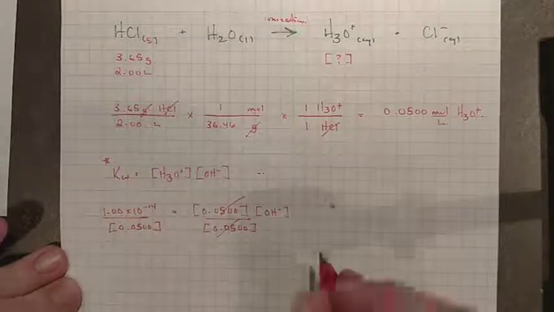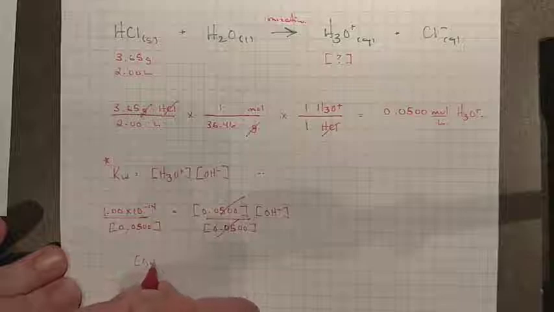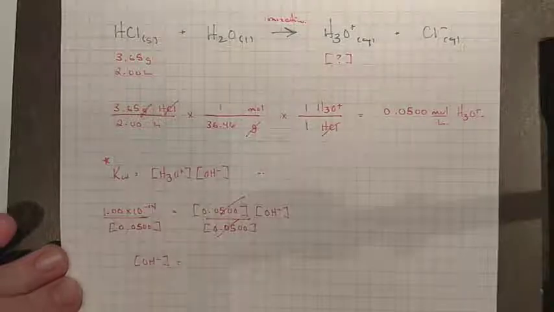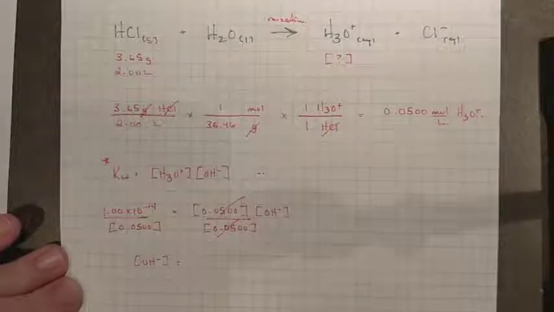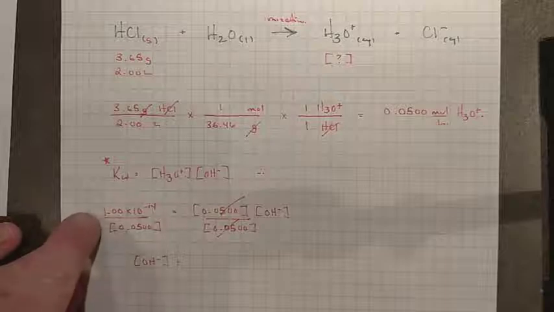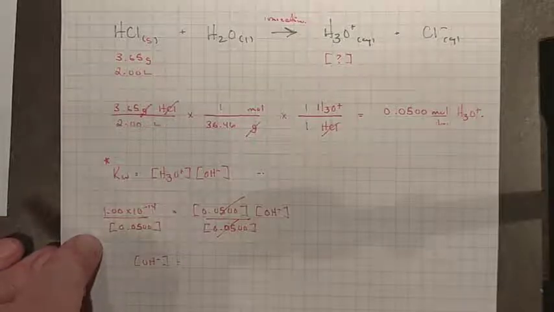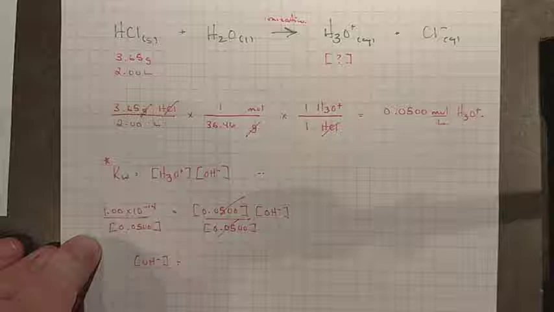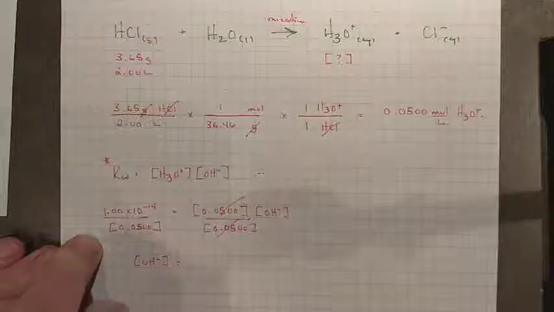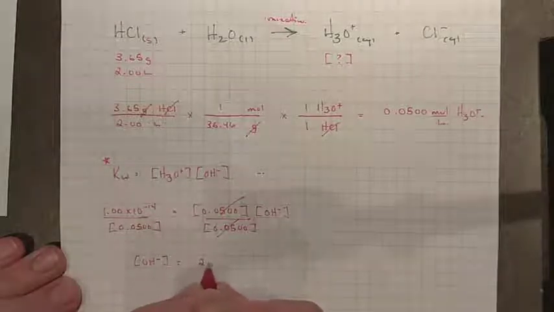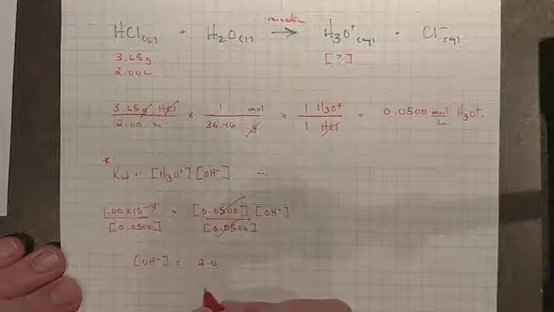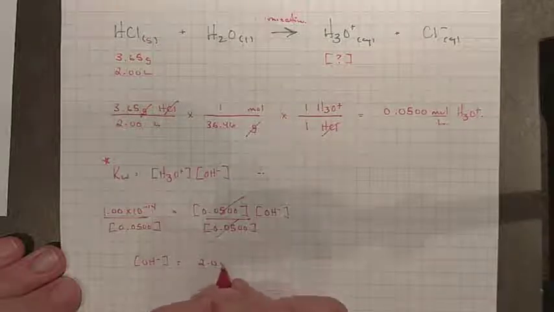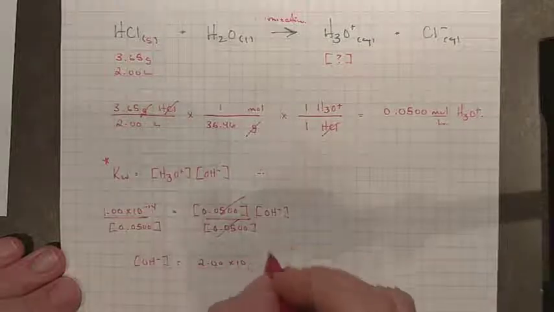Run that through your calculator, and the hydroxide concentration is resolved. That gives us 1.0 times 10 to the negative 14 divided by 5 times 10 to the negative 2, which is a much larger number. We should end up with a very small value, and you get 2.00 times 10 to the negative 13.